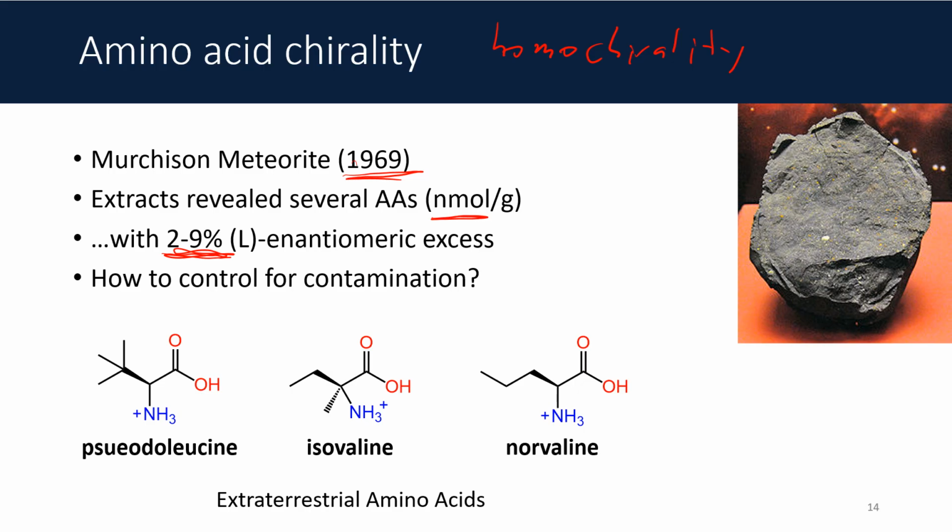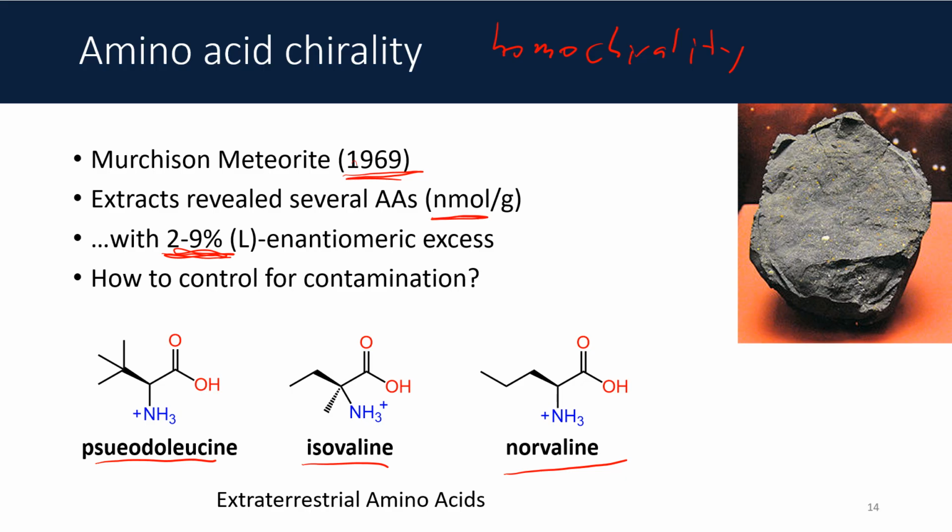Well, a few years later, this was 1969 after all, we repeated the experiments off the same meteor fragments with newer and better and more sensitive technology. And in doing so, we discovered some extraterrestrial amino acids: pseudoleucine, isovaline, and norvaline.